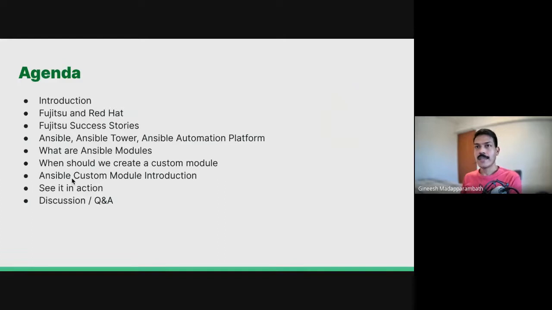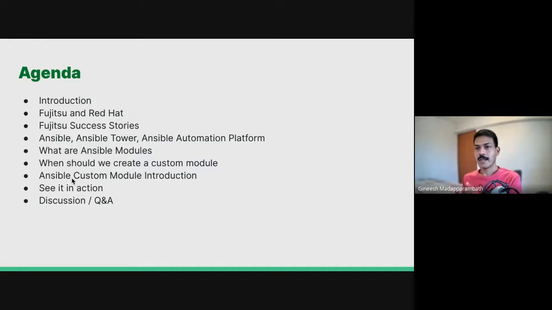So today we have a small agenda. Just the introduction, then we will go through the relation between Fujitsu and Red Hat, then some success stories from Fujitsu related to automation use cases and deployments. Then we will go through what is Ansible Tower, then the automation platform.